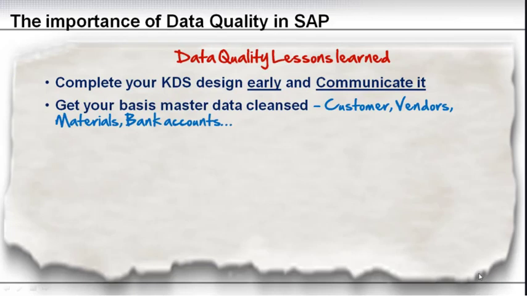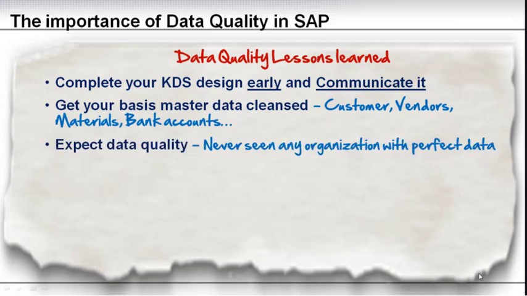Get your basic master data cleansed, meaning customer, vendors, material, bank accounts as a minimum. I don't know what module you are implementing, but in a traditional SAP FICO implementation, this should be the bare minimum. Expect data quality issues. I've never seen any organization with perfect data.